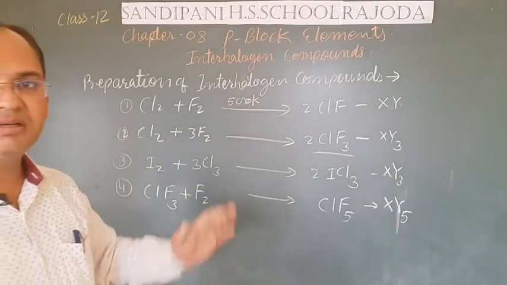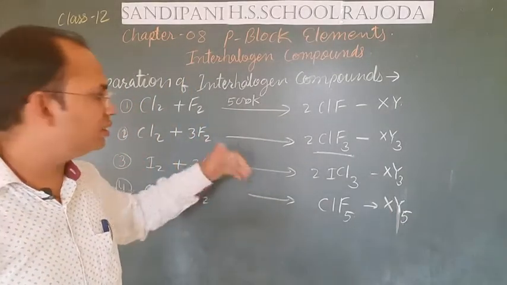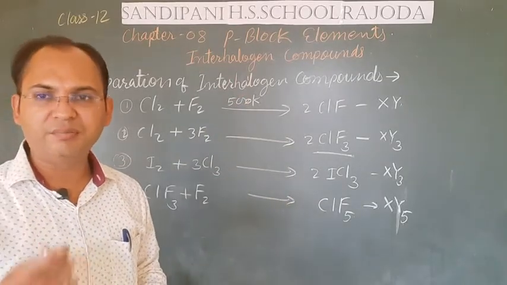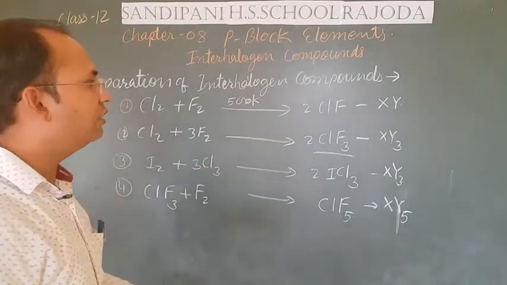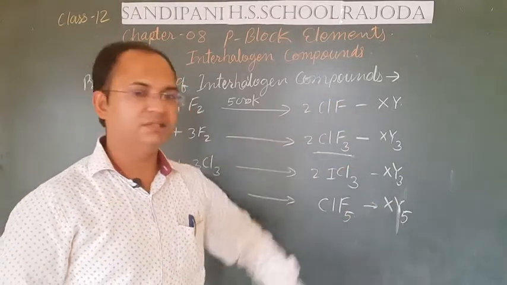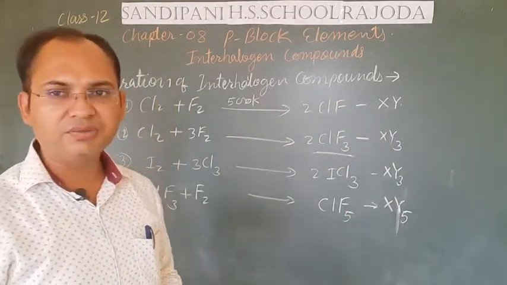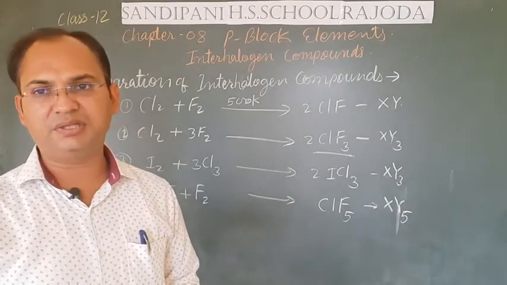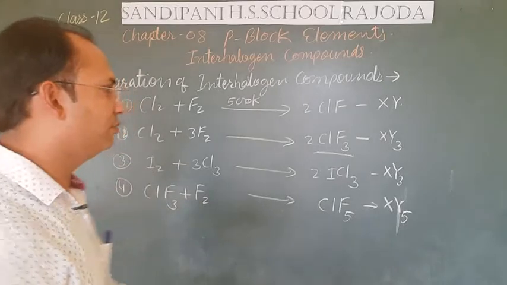Here we are learning about each and every type of binary interhalogen compounds. There are three types discussed so far, and one more, that is XY7 type of interhalogen compounds. Let's see its formation.